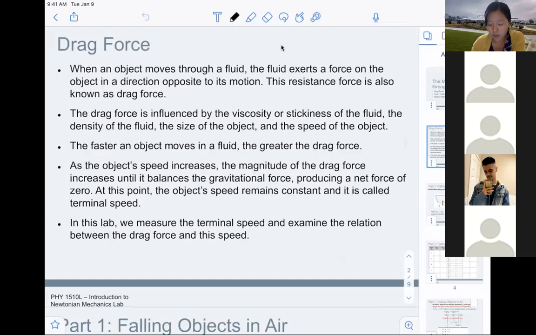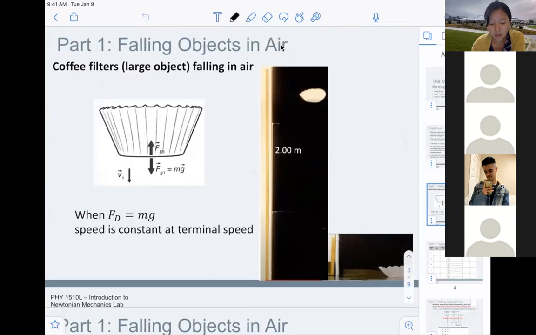So we need to think about when it's reasonable to ignore drag force and when it's not. Part 1 of this lab is dropping coffee filters in the air. Coffee filters look like an umbrella shape, and they are also very light. Obviously, air drag plays a significant part in their motion and cannot be neglected. At the beginning of the drop, we have gravity acting on the coffee filter, so it's accelerating.